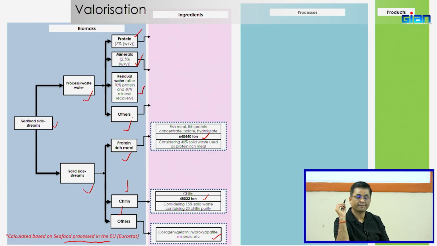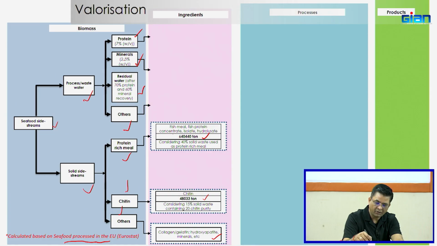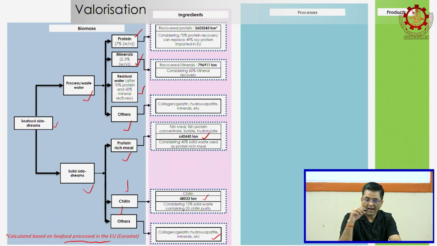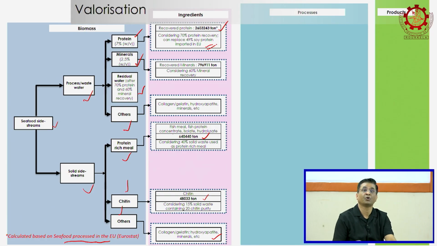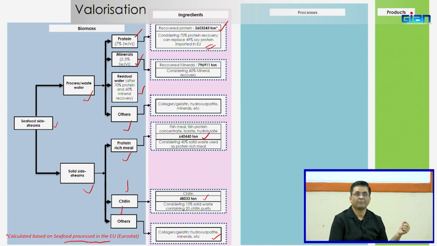Yeah. Now, when you recover some of those nutrients, and if you recover the protein based on the water usage, the tons of protein you can obtain is calculated based on 70% protein recovery, which can replace 50% of soya protein which is imported from other countries into Europe.